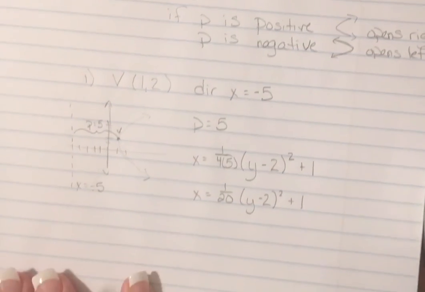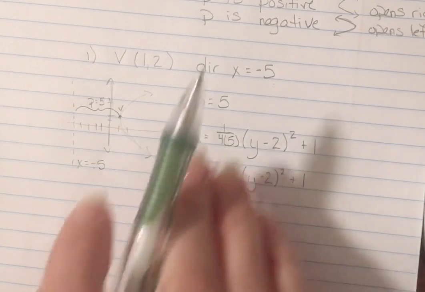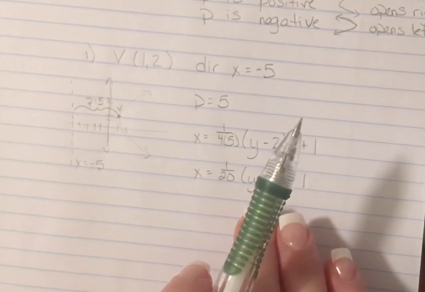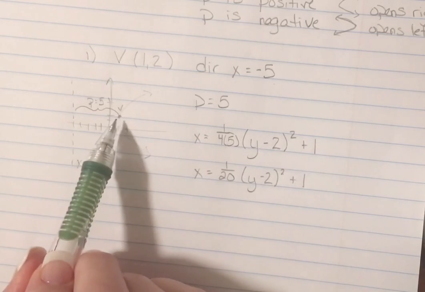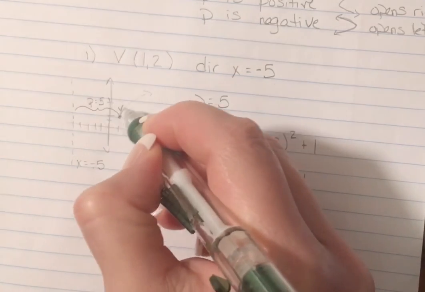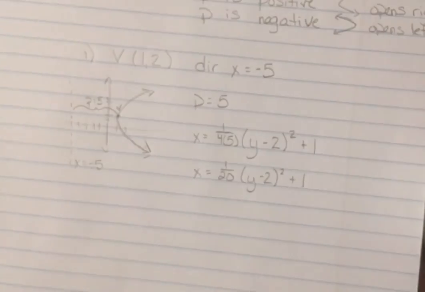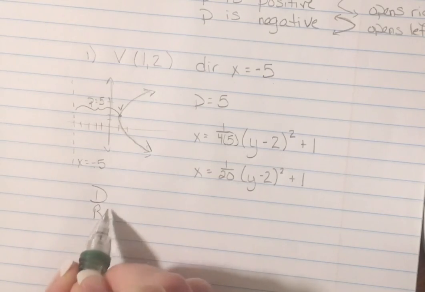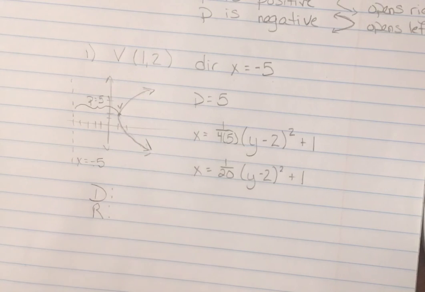Now let's real quickly talk about domain and range. If it's flipped on its side from what we're used to, our domain and range change a bit. If you look at this, can you see that my domain and range have kind of switched, just like the equation is switched? My domain is now limited.